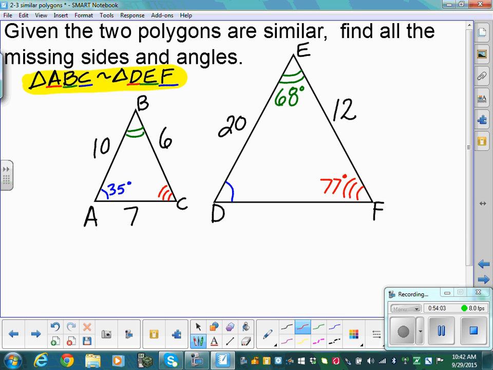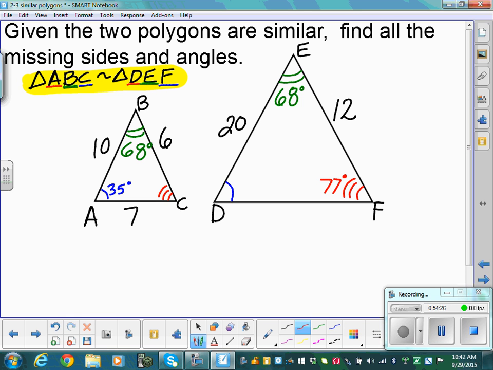So let's look at this. Could we find angle B? Yes, we could, because look over here, we have angle E given, which goes with angle B. Once again, everybody look. Does everybody see how B goes with E? So if E is 68 degrees, what's B? 68 degrees. Very good. Questions on that? Okay, let's do the other one.